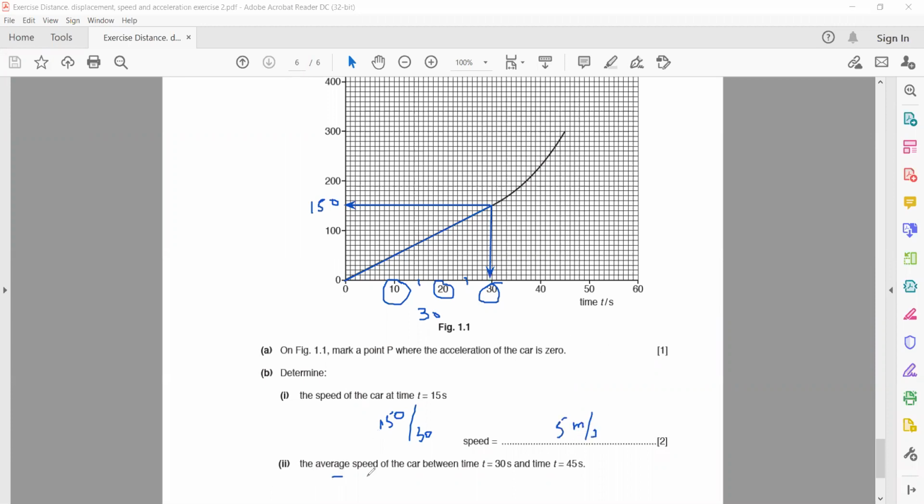And the last part, average speed from 30 seconds to 45 seconds. Again, the same way we'll calculate the average speed. When time is 30, we get the distance travelled, and when time is 45, this is 300.